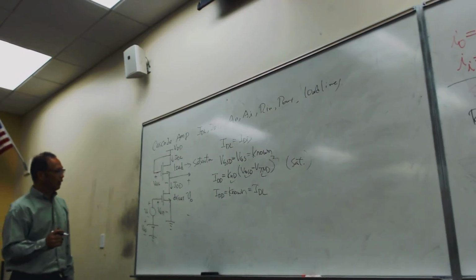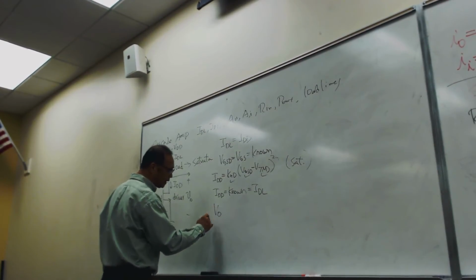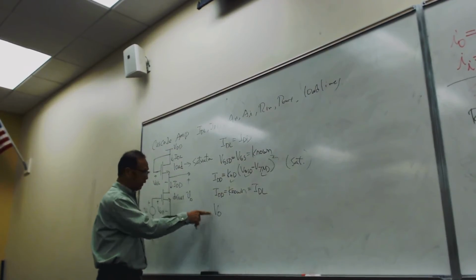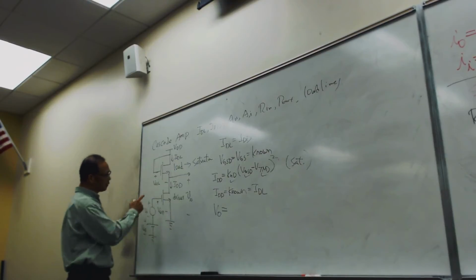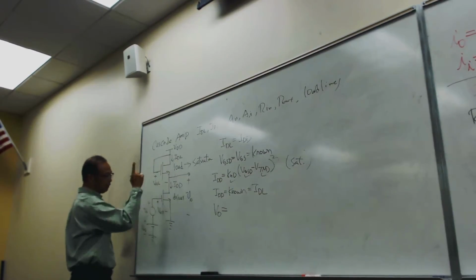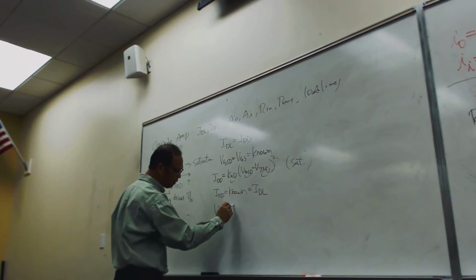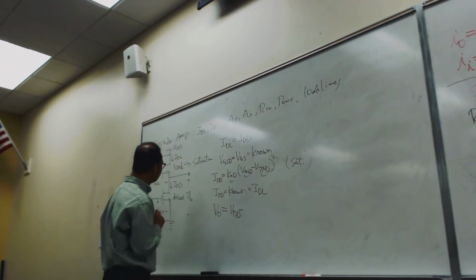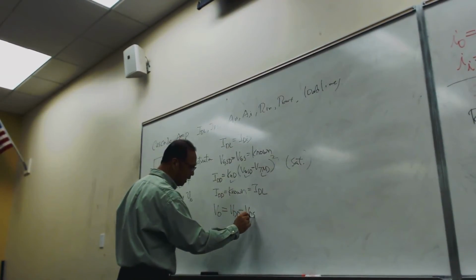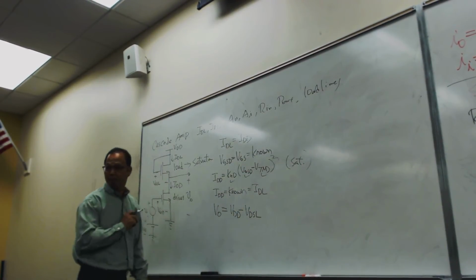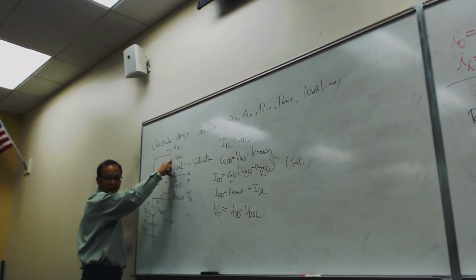Okay, then I want to find out what is the DC voltage at the output terminal. If you look at this equation and the circuit, that is VDD minus VDS low, correct? This voltage to ground is that voltage minus that voltage, yes?